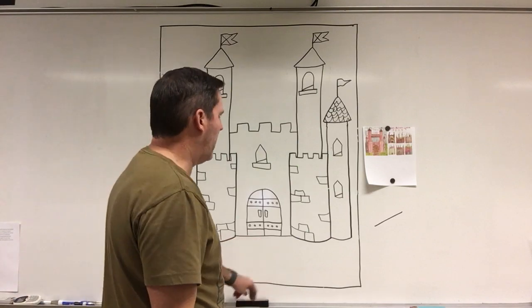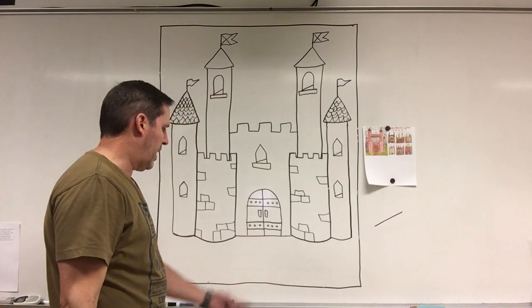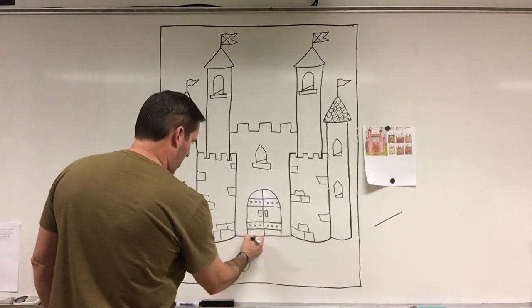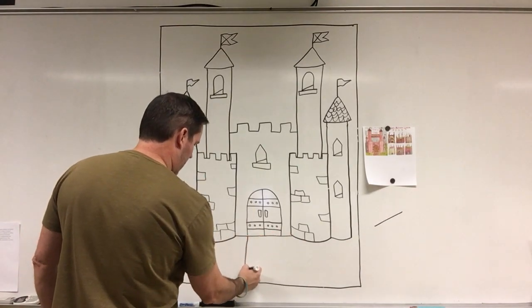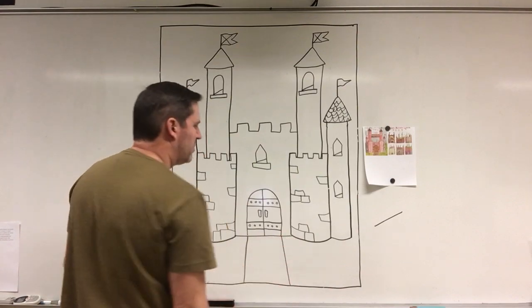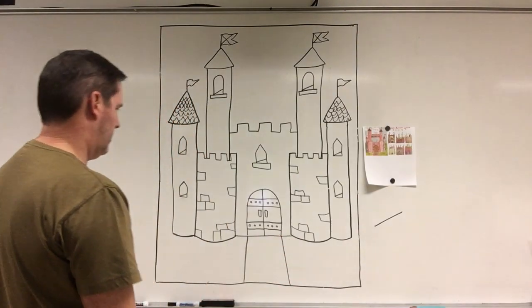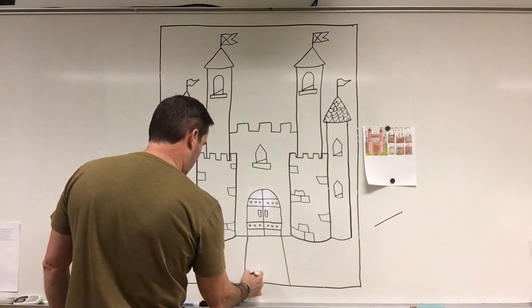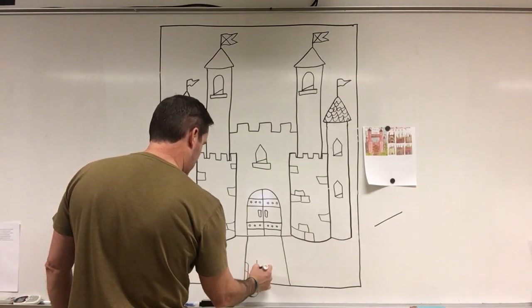Now we'll put a little path, right? We want to put a path going to our door. So right from the door, we can have a line that goes out this way, and a line that goes out this way. We can make it a brick path if you want. We could put little bricks.